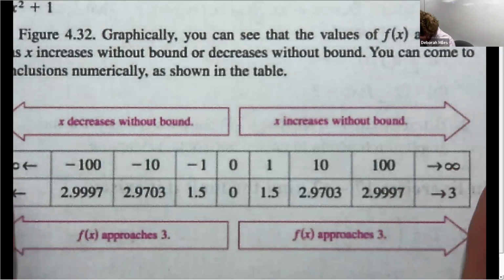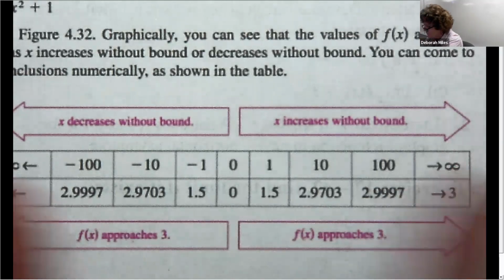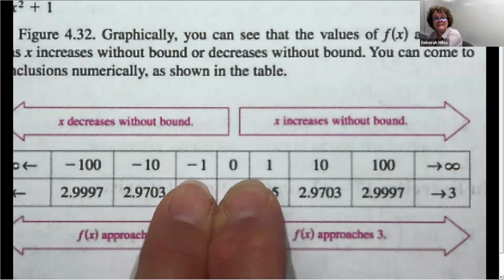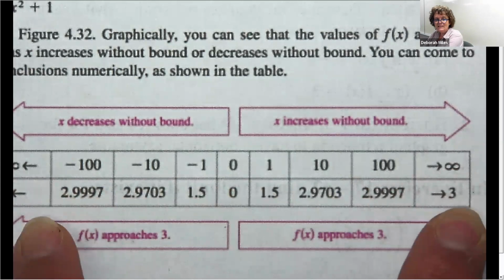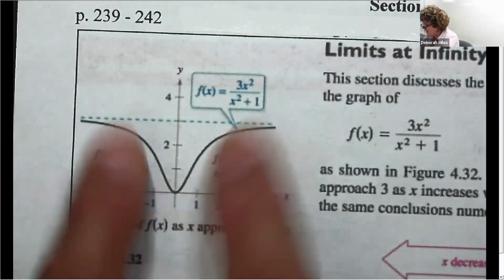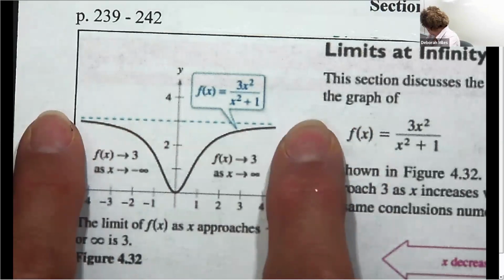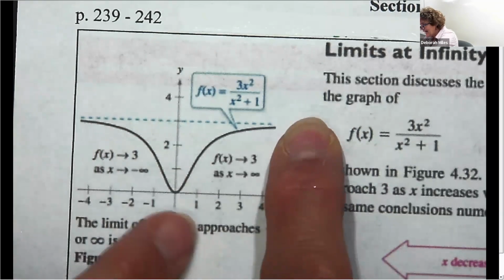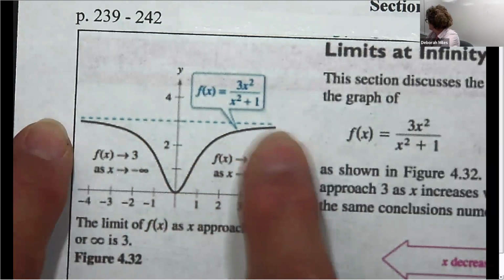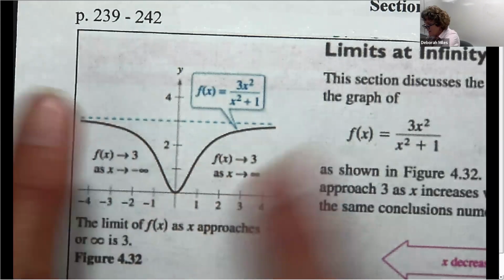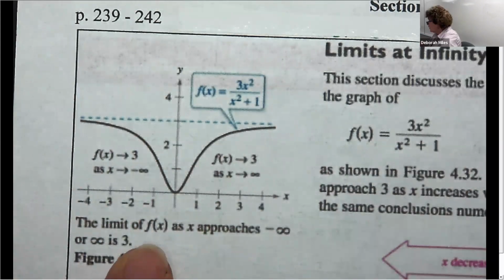And you can see that by looking at the table. As x's get infinitely small or infinitely big, my y's are getting darn close to 3. And you can also see that in the graph. There's a horizontal asymptote at y equals 3. As x gets infinitely small or infinitely big, your y's are approaching 3. That makes y equals 3 the horizontal asymptote.